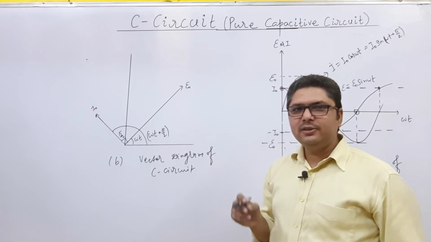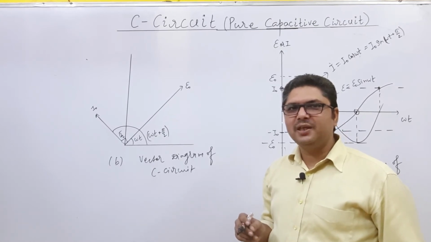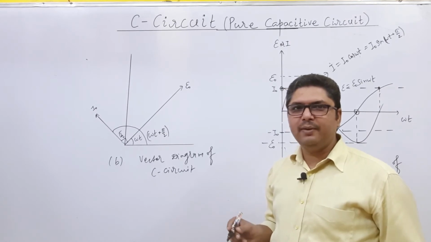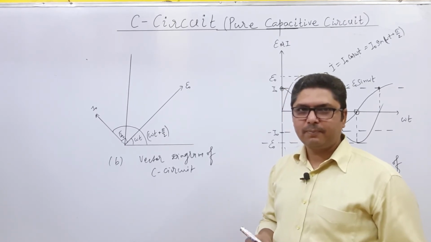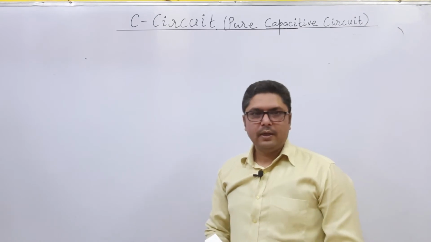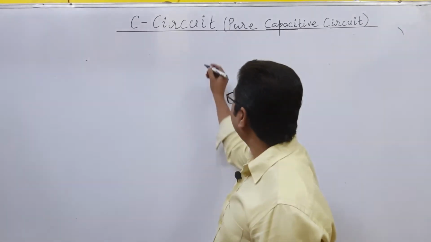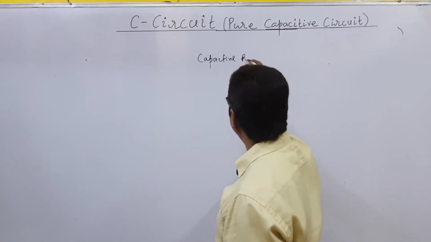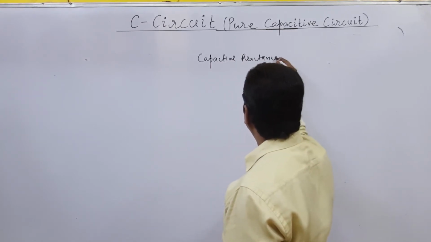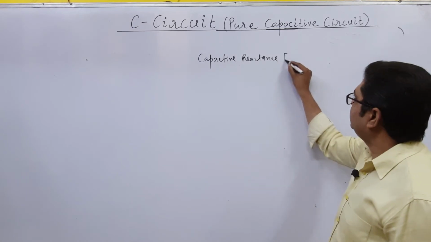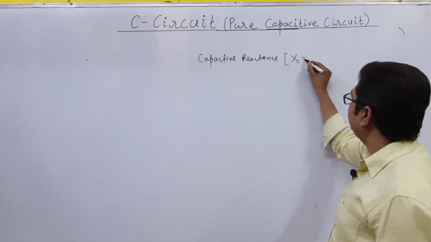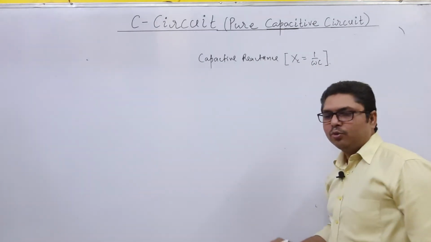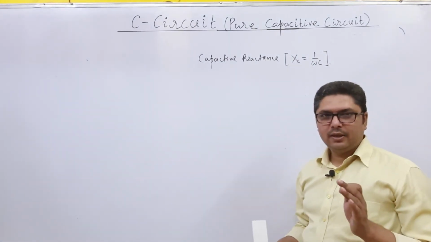Now in between there is a topic known as capacitive reactance. Let us go for the topic capacitive reactance. This is symbolized by Xc, which equals 1 by omega c. So what is capacitive reactance?